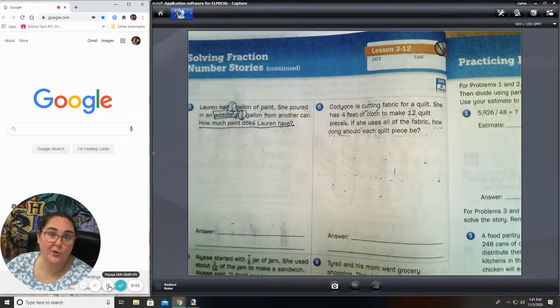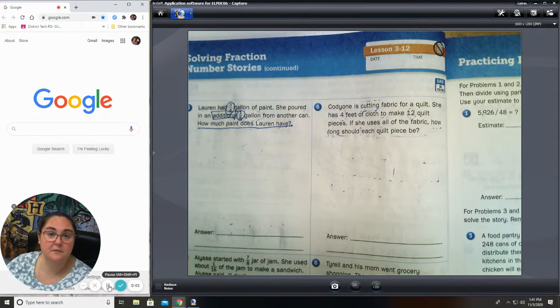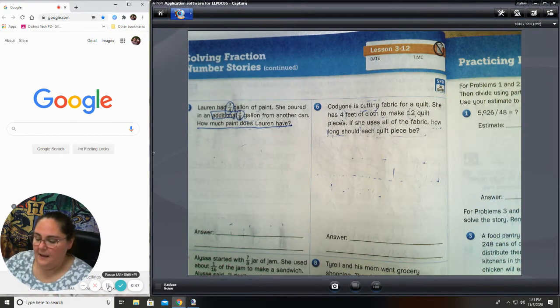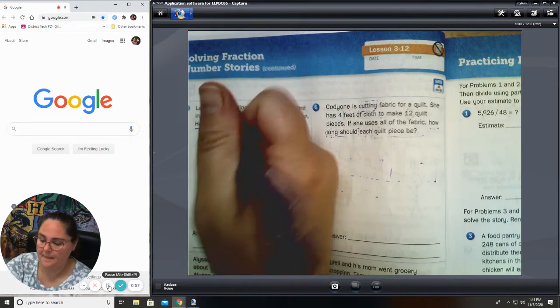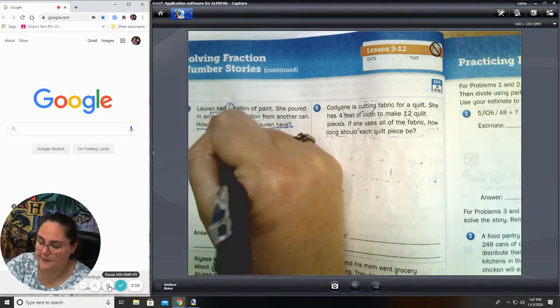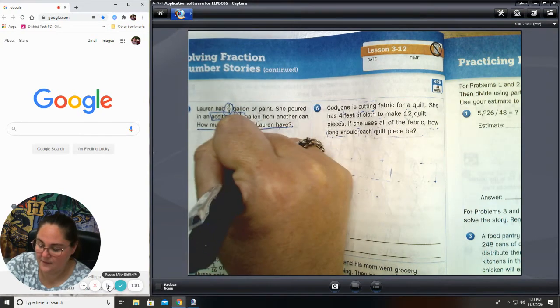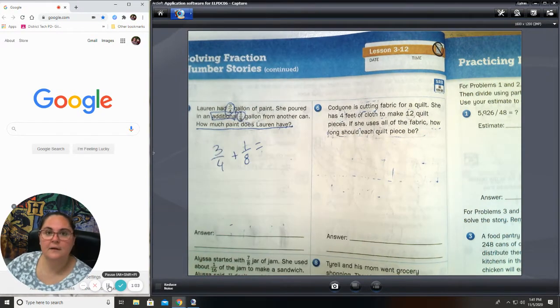So I would know that that's my keyword to tell me what I'm going to do. All right, evaluate how to solve. An additional amount. So if I'm going to have an additional amount, I'm going to add. So 3/4 plus 1/8.